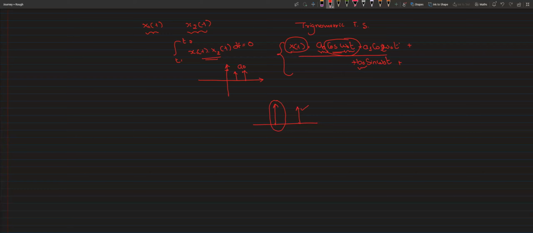To generalize this, if someone asks you the Fourier series of any signal, x of t equals a naught, that is the DC component, plus sigma n equals 1 to infinity, since a0 is already done, an cos n omega naught t plus bn sine n omega naught t.